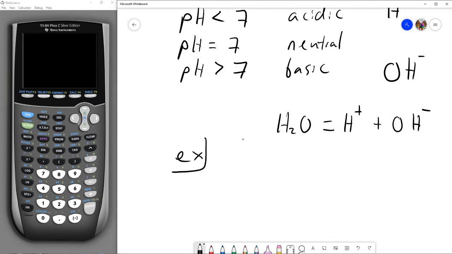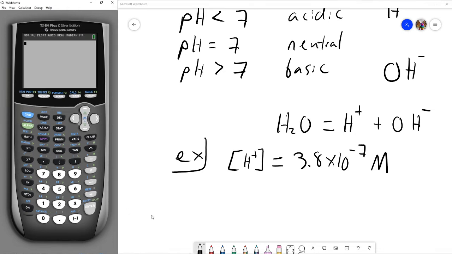So if you were told that some solution had a molarity or a concentration equal to about 3.8 times 10 to the negative 7, the units for measuring concentrations denoted with the M for molar.